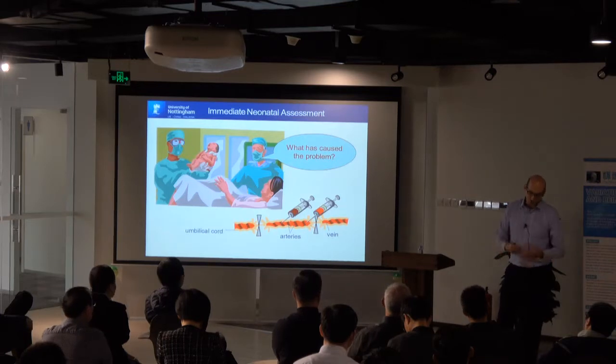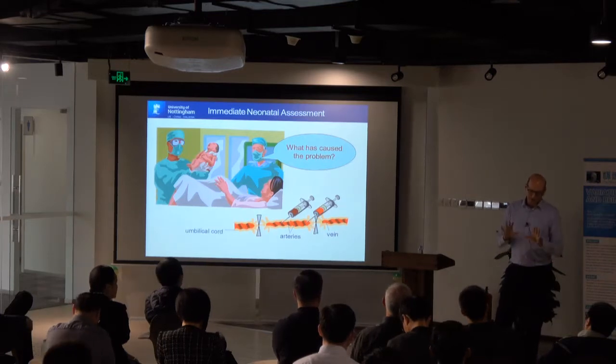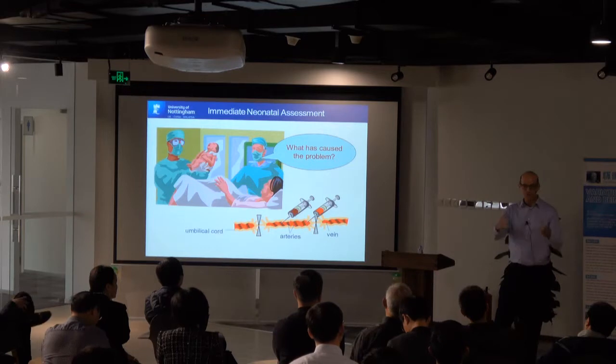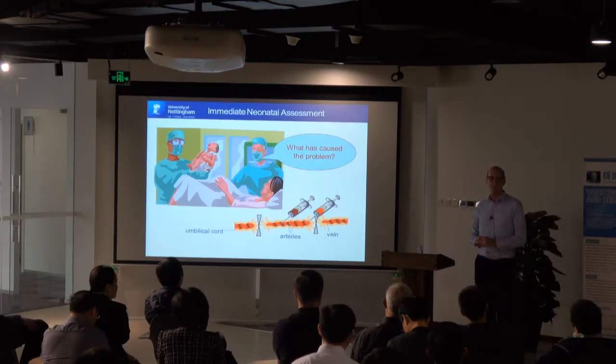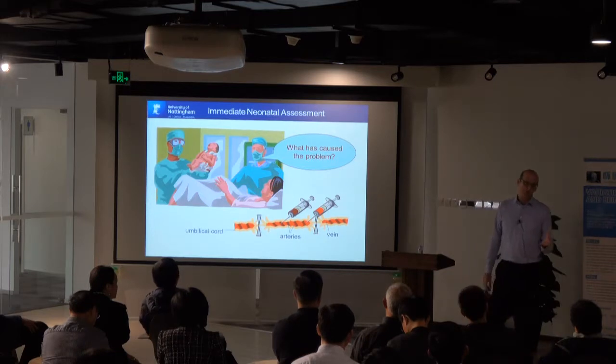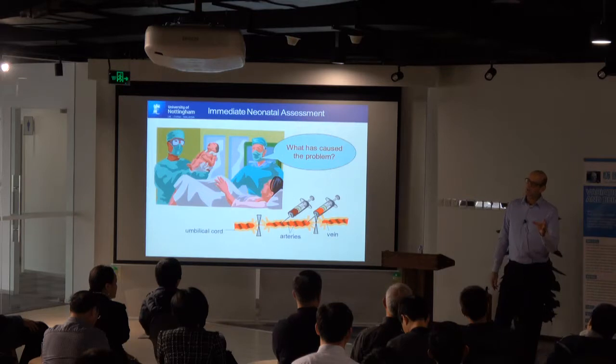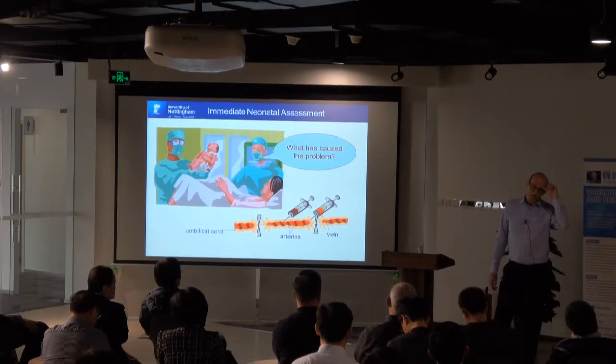If the childbirth proceeds normally, then obviously the baby is healthy. Most babies are healthy. But actually, it's estimated that maybe 2 or 3, maybe up to 5 per 1,000 infants suffer brain damage or death as part of labour.